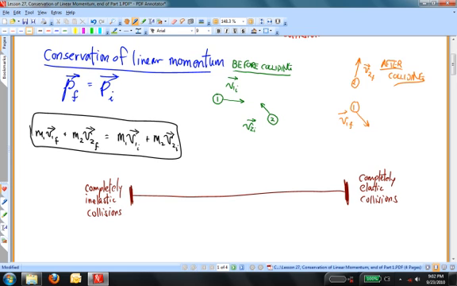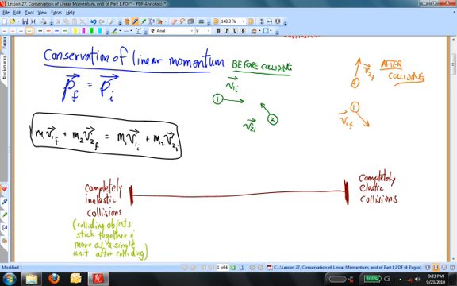In this collision, after the collision occurs, the two objects stick together and move together as a single unit. So this might be two football players, a linebacker trying to tackle a runner, and the tackler hangs on to the running back and they move together as a single unit after a collision. Or maybe it's a couple of pieces of clay that stick together and move as a single unit.